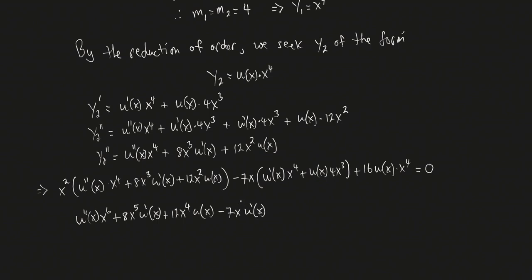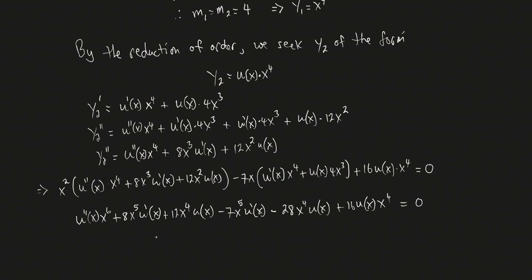Actually, this will be x to the fifth. Let's just combine the x's right now. And then minus 28x to the fourth u of x. And then our final term here is plus 16 u of x times x to the fourth. Again, we want that to be equal to 0.